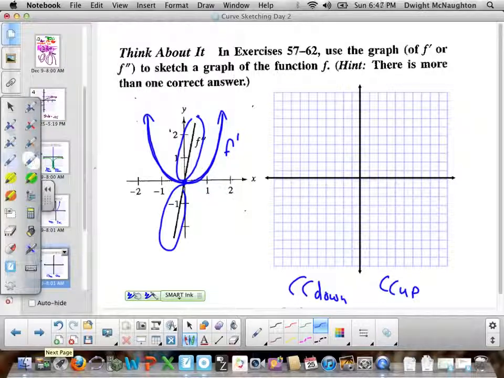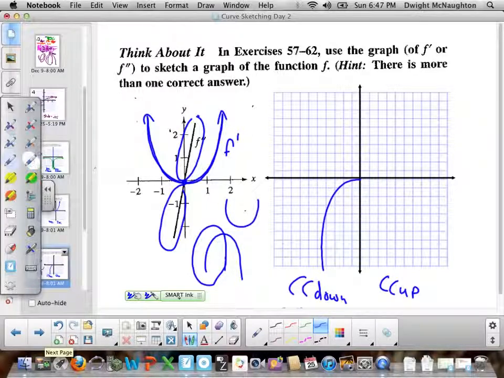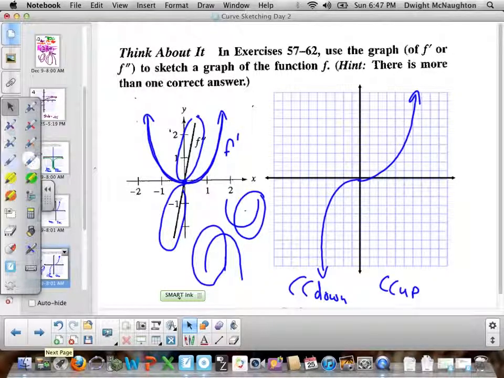So it's concave up to the right, concave down to the left, but it's always increasing. Okay, the concave down shape is right here. This is the increasing component. Concave up shape is right here. This is the increasing component. There is one possible graph for F.